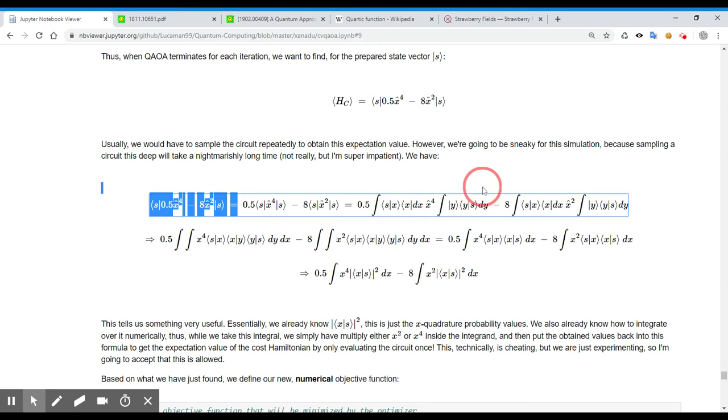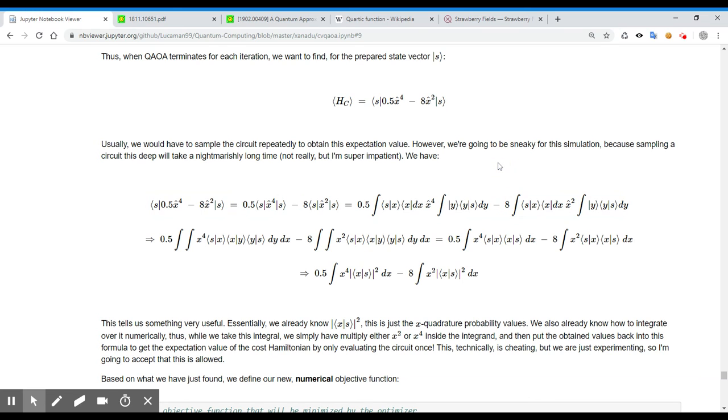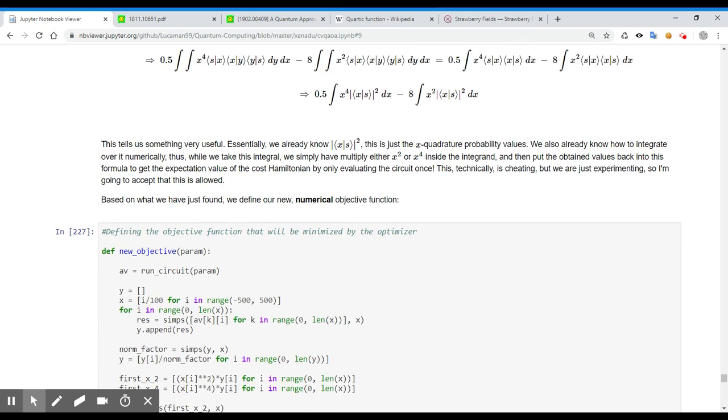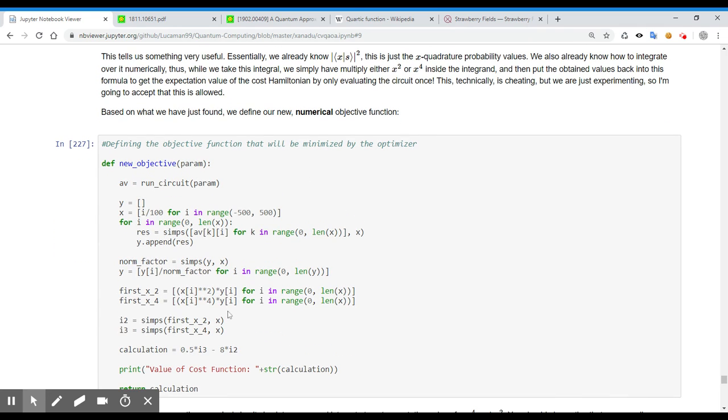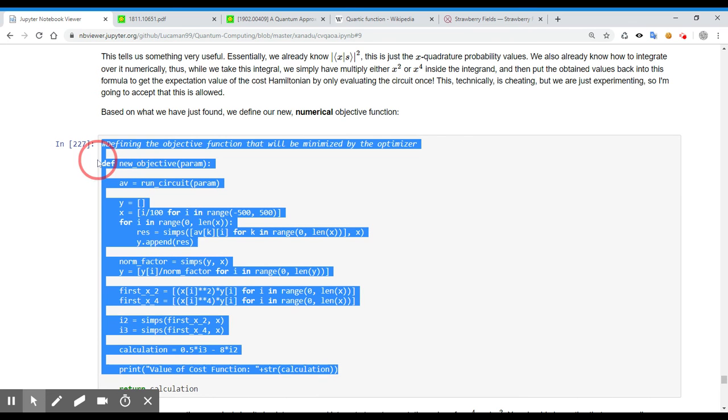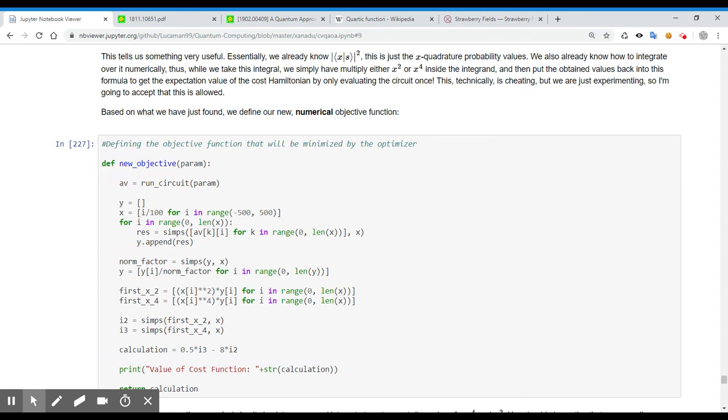And this is what's compacted in the new objective function, I guess.